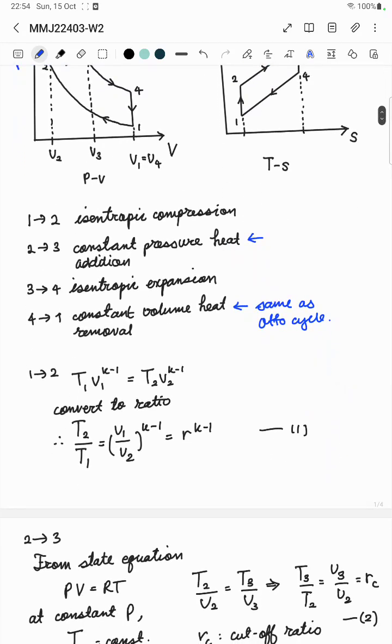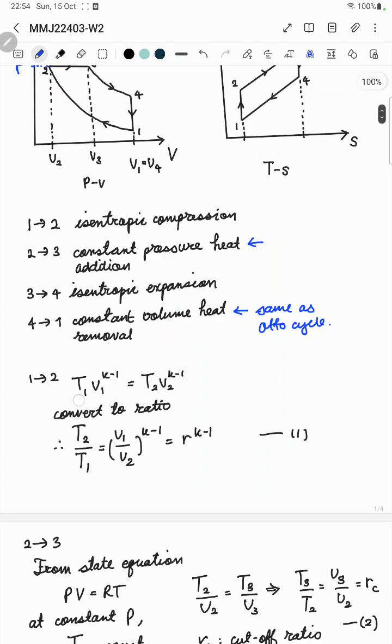Now let's look at the process. For process 1 to 2, the isentropic compression, you have the relation of T1 and V1, which is temperature and volume at point 1, and T2 and V2, which is the temperature and volume at point number 2.